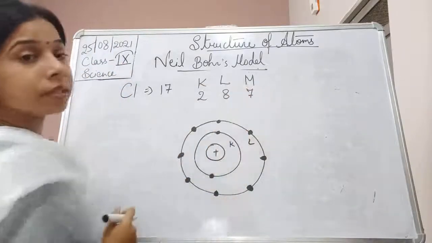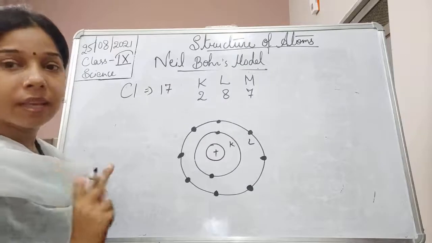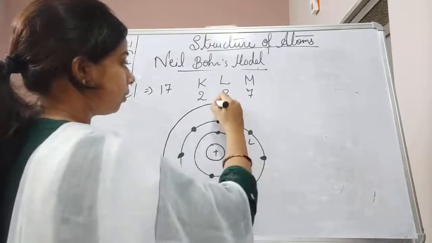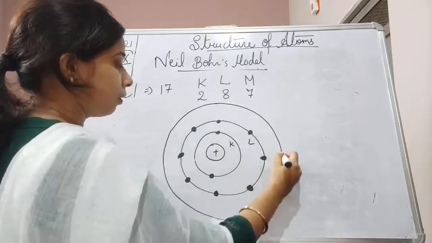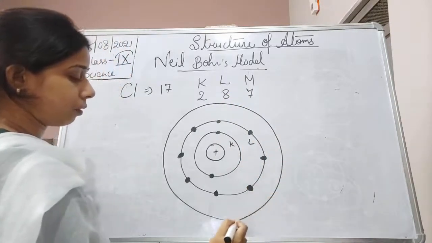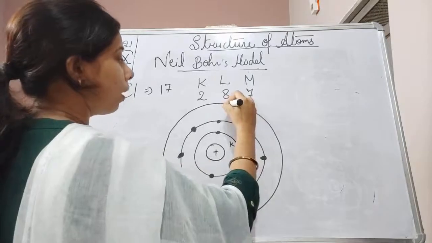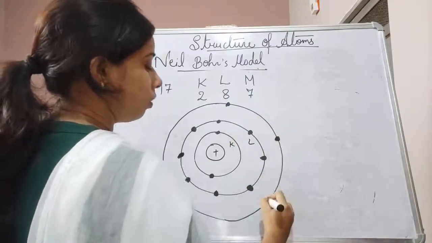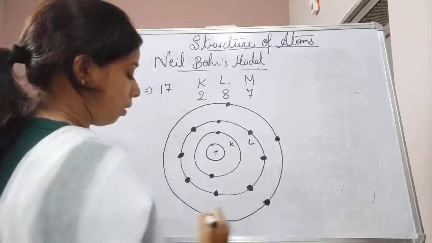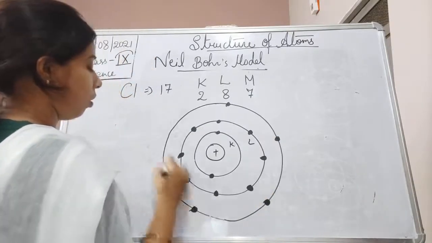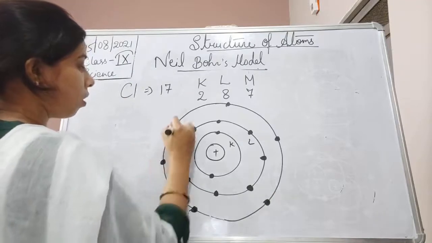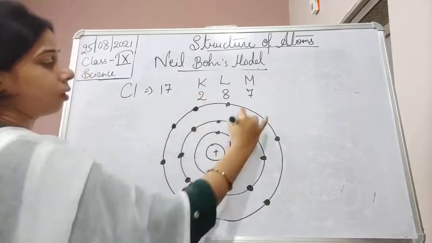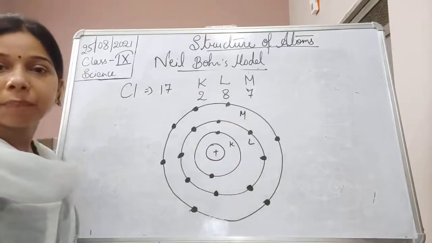Now how many electrons are there in the M shell? That is 7. So we can make here 1, 2, 3, 4, 5, 6, 7. This is the M shell.